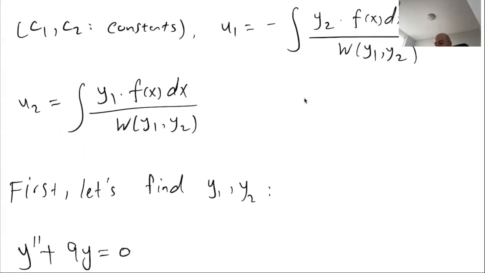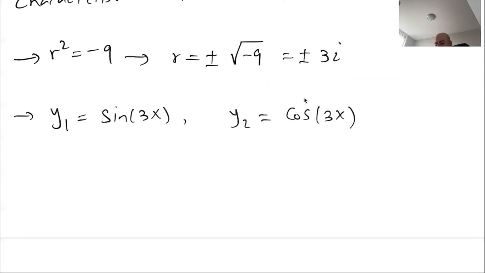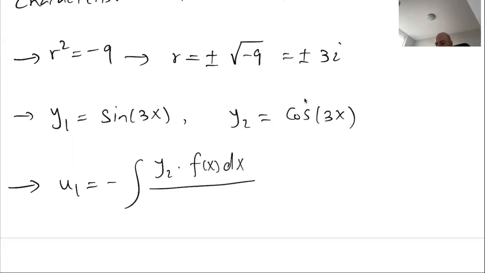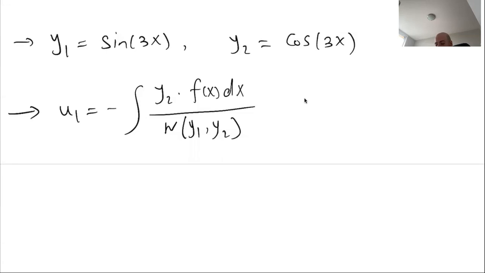Now, u1 will be how much? So u1 will be minus integral y2 f of x dx divided by w of y1 and y2. And what is w of y1 and y2? Let's find it.